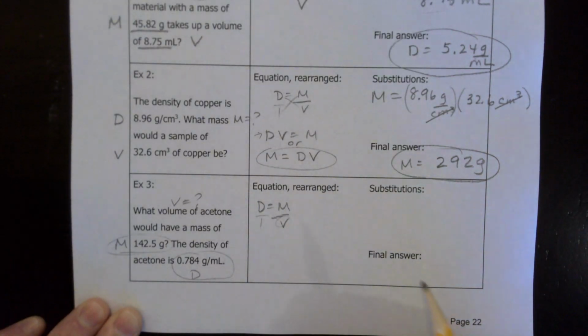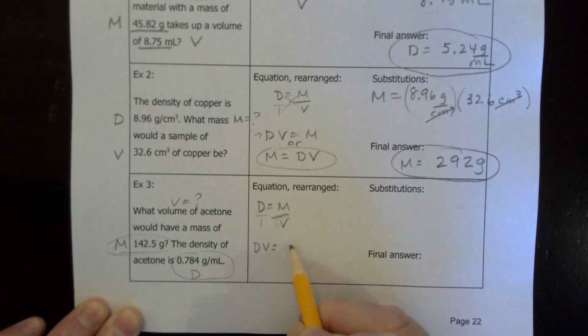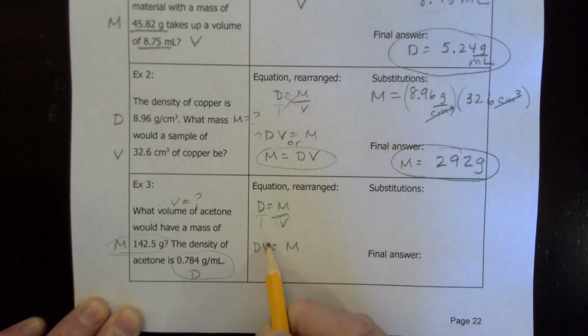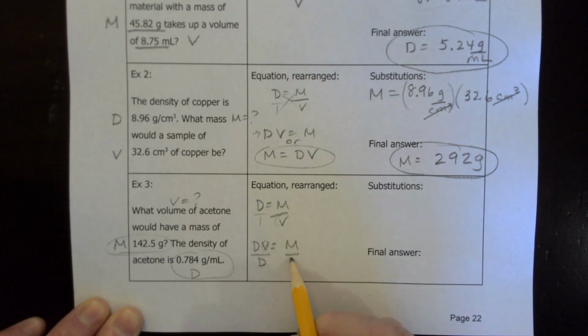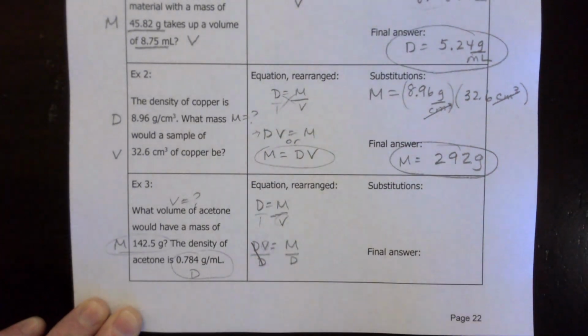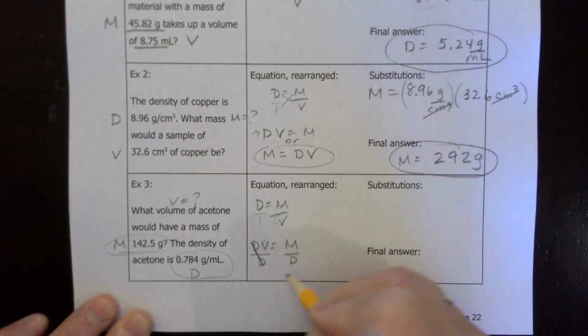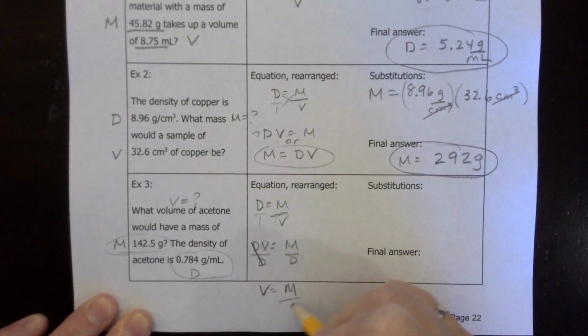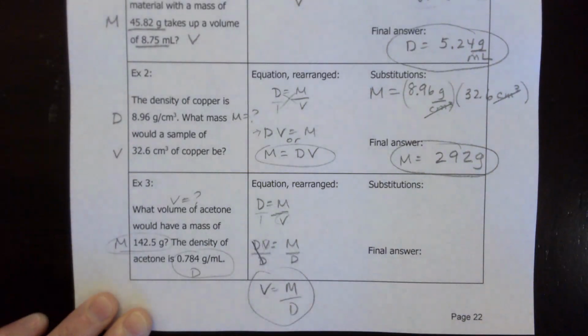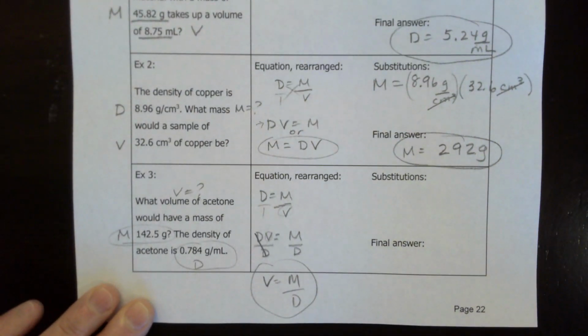Remembering that this equation is D over 1, we can cross multiply. D times V equals M, but since we're trying to solve for V, we're going to divide both of these sides by D, and so we have volume equals mass over density. This is the rearranged equation for volume.